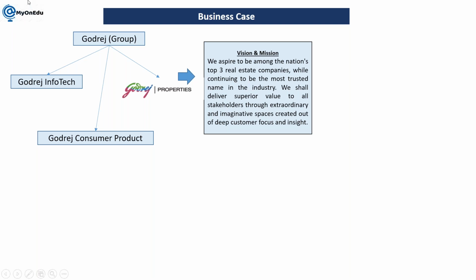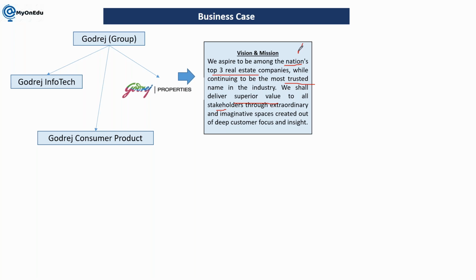First, they are saying they want to be in the top three real estate companies within the nation. What they are stressing here is the nation, meaning within India they want to be in the top three.